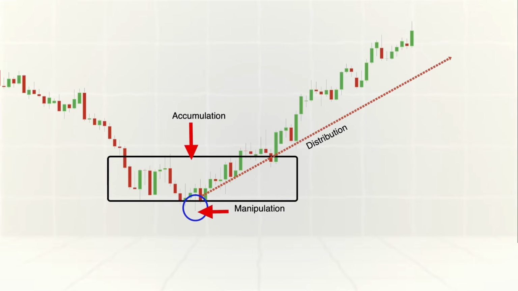After liquidity has been collected during manipulation, price reverses direction and moves toward the intended path, distributing positions and completing the cycle. The power of three functions as the underlying rhythm of market behavior. Recognizing and understanding these phases is essential if you want to apply candle range theory correctly and identify high-probability opportunities.